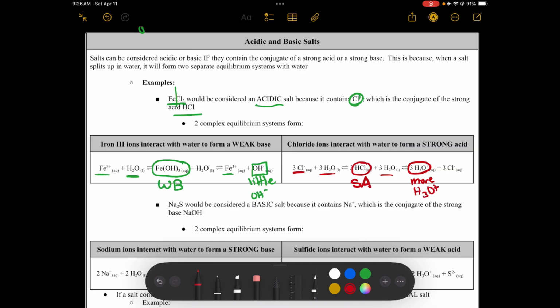Now, when we compare these two equilibrium systems, we have a little bit of hydroxide, but we have way more H3O+. So overall, when you consider those two together, we have an acidic salt because we formed more of these than we did of these. And that's it.